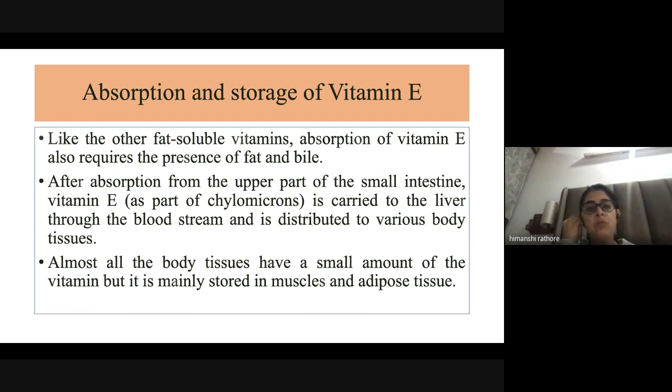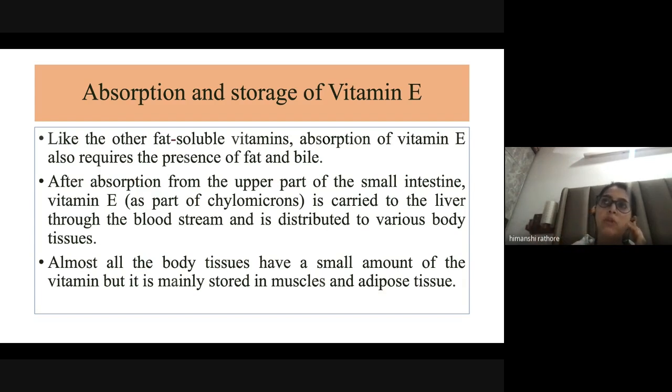Then almost all the body tissues have a small amount of the vitamin, but it is mainly stored in muscles and adipose tissue. So storage is a little bit different, as vitamin D is stored in the liver and then transported to all the body parts and organs. But here in the case of vitamin E, it is stored in muscles and adipose tissue. So you just have to look for the storage part.